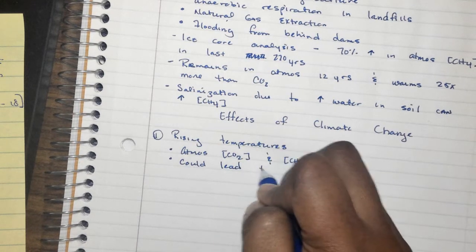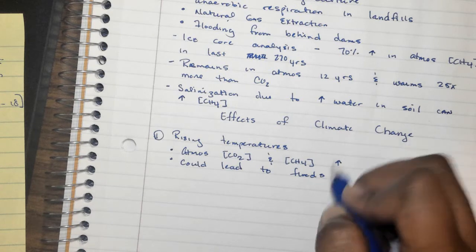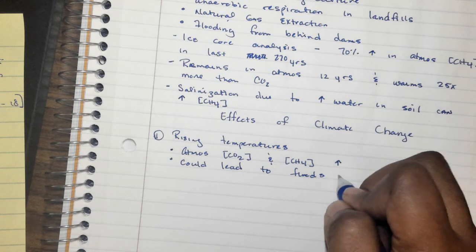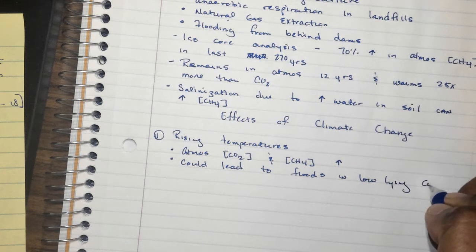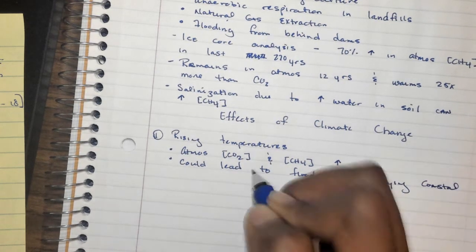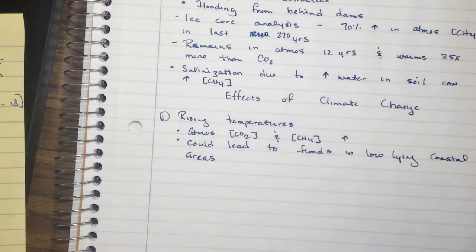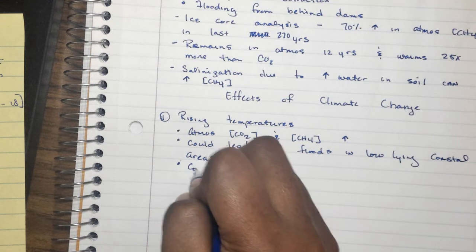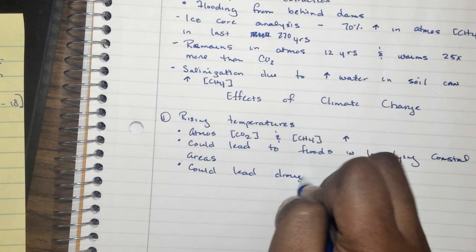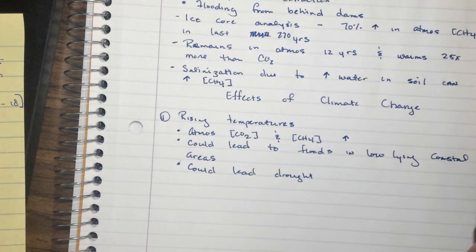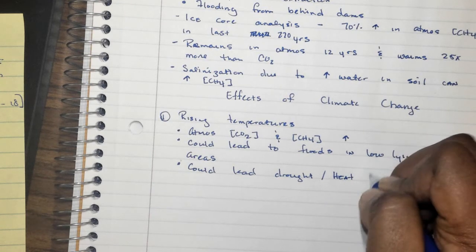This could lead to floods near low-lying coastal areas. Could also lead to droughts and heat waves.